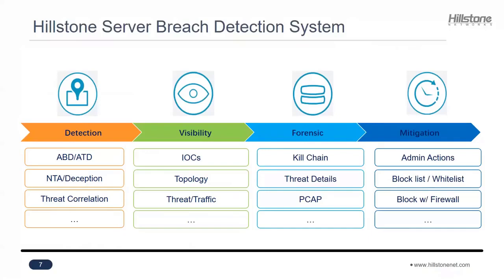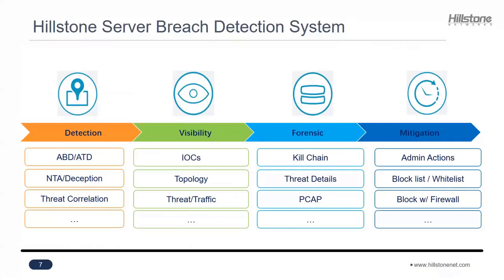So after the detection engine flags, we provide the administrator with comprehensive visibility of the IOCs and also the traffic itself and some other information. Threat visibility is very important so that the administrator can conduct threat hunting and threat analysis and also the mitigations very effectively.